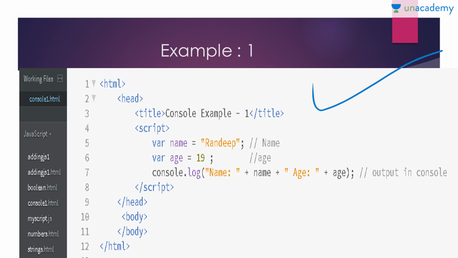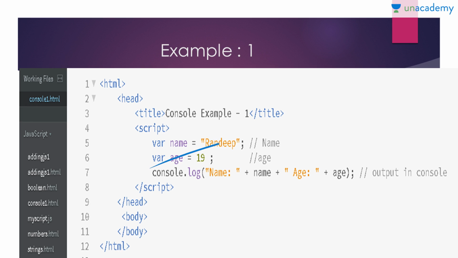Now in my script tag, which is the JavaScript part, we have taken 2 variables that you can see here. The first variable is name, which is a string, and the second variable is a number or an integer, which is age. As we have learned, we can declare a variable using var, followed by the name of the variable, which is a symbolic representation for that variable.